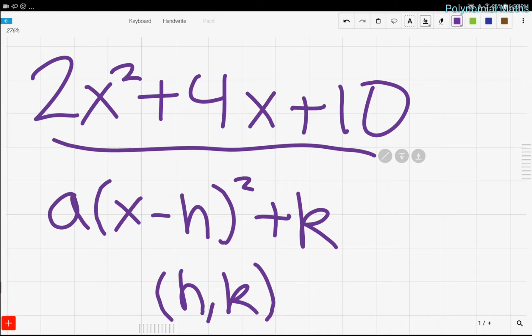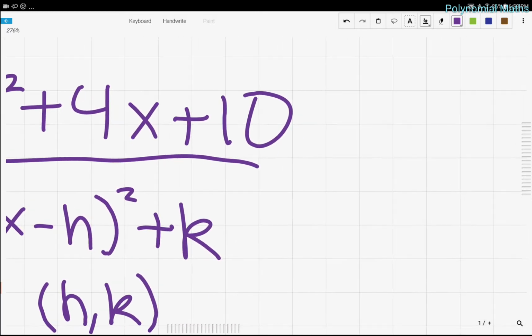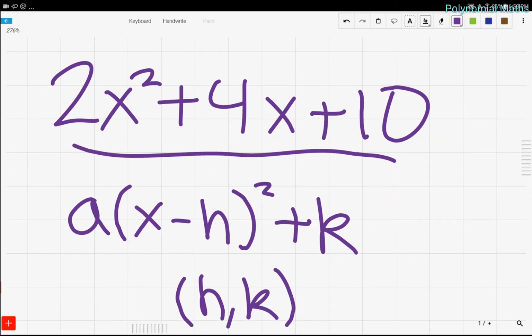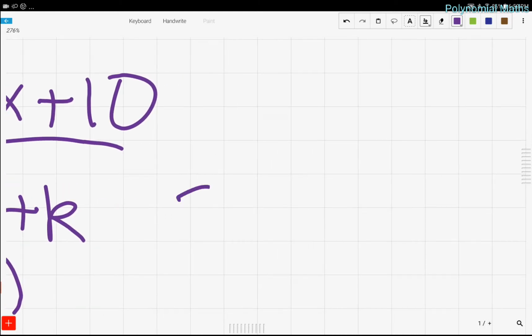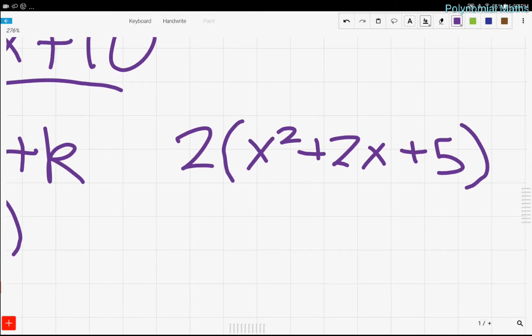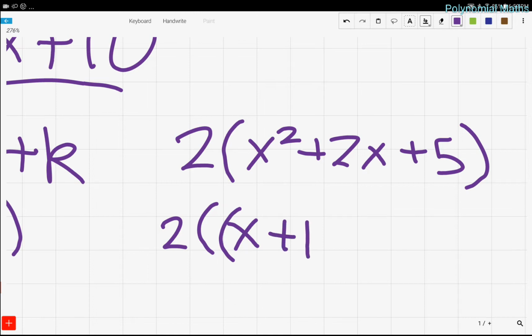So first, what we do is factor out the greatest common factor, which is 2. So we get 2 times (x squared plus 2x plus 5). And if you know how to complete the square, you can also write this as (x plus 1) squared, which is equal to x squared plus 2x plus 1, so plus 4.